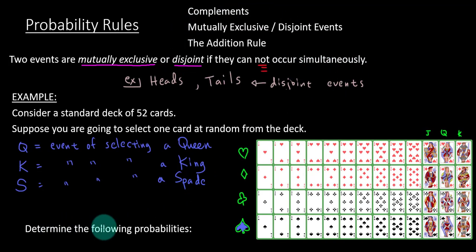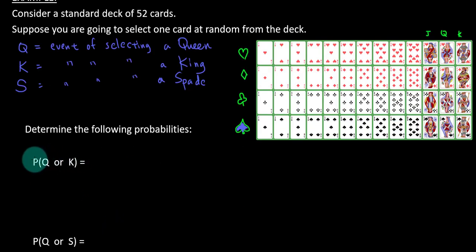Let's determine the following probabilities. Here I have written the probability of selecting a queen or a king. And we're going to determine these using the theoretical or classical approach. And so we're going to count how many times a queen could occur and how many times a king could occur out of the 52 cards.